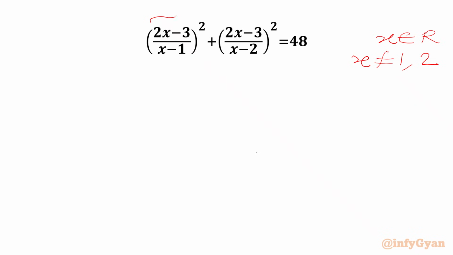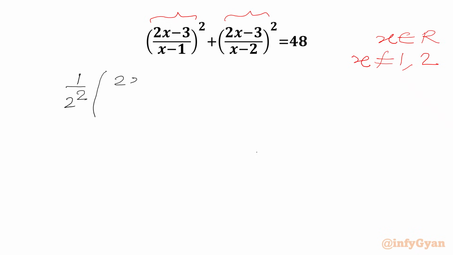Now we have (2x - 3)^2 in the numerators and (x - 1)^2, (x - 2)^2 in the denominators. So I am trying to maintain a 2x minus or plus something term in the denominator. So I need to divide both sides by 4. So I will write here 1/4, which will be equal to (1/2)^2.